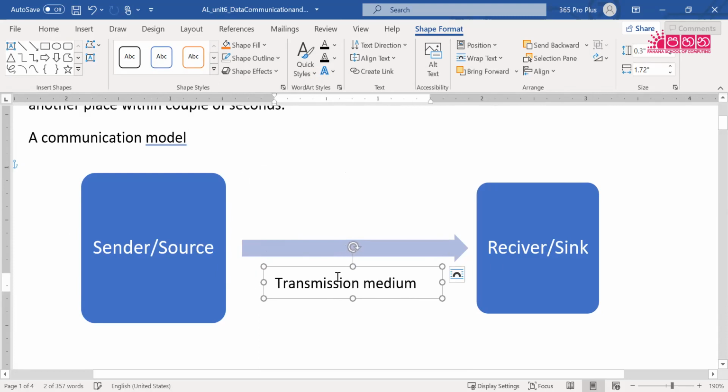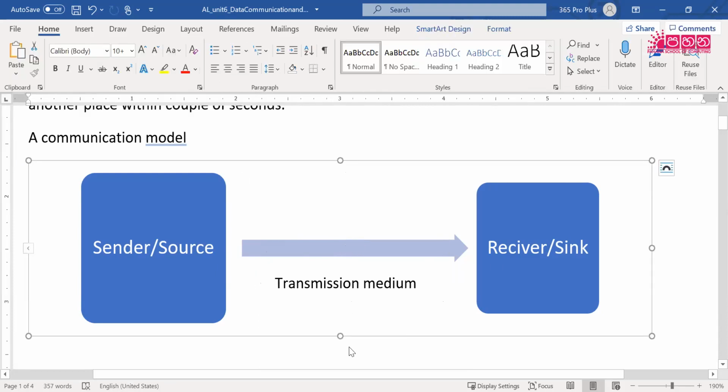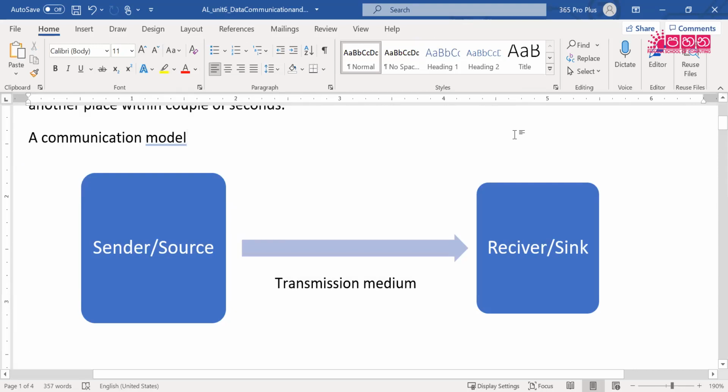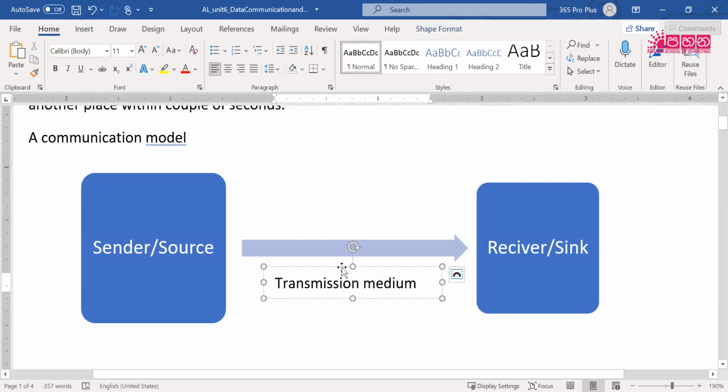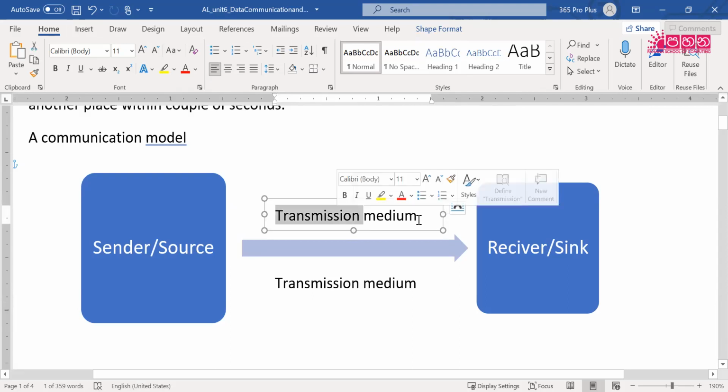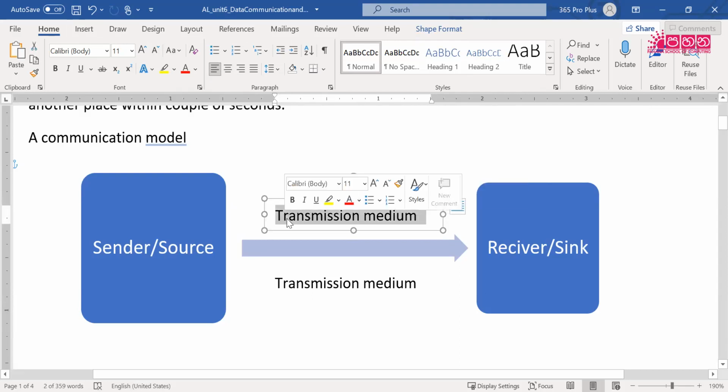We will talk about it later on; it could be a wired system or it could be wireless, depending on what kind of transmission happens in between. Then there'll be messages or data, let me say message.